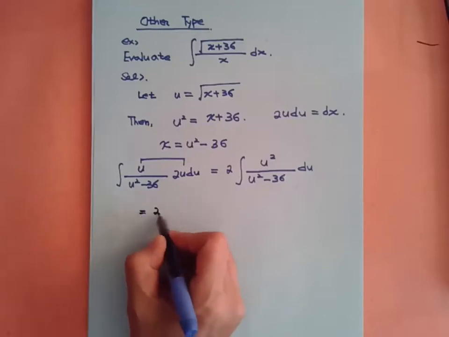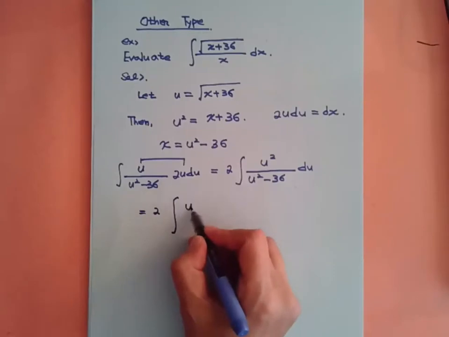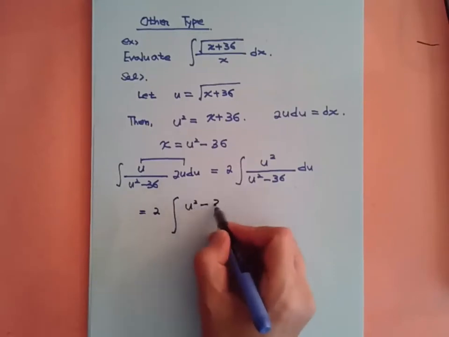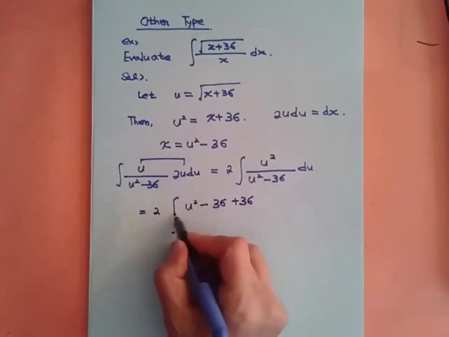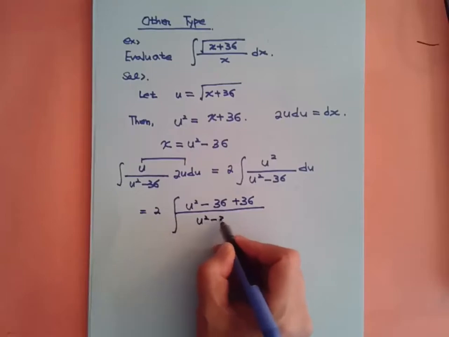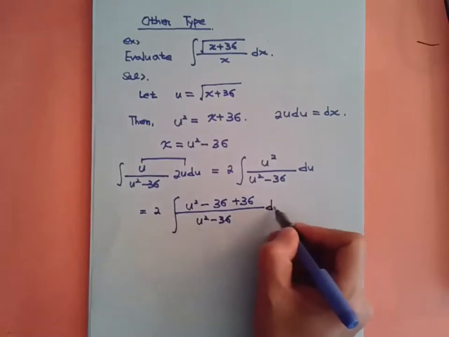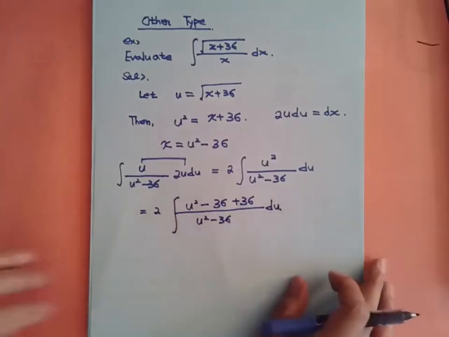But in this case, the fraction is particularly simple. So instead of doing long division, we will just add and subtract 36 and split the fraction into two different fractions.